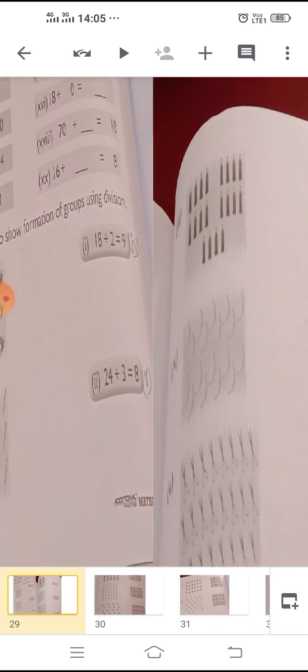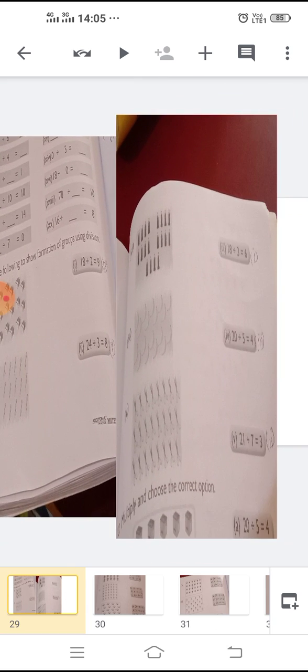Now come to next. In this we have to match the following to show the formation of groups using division. In this you have to see according to the division property.